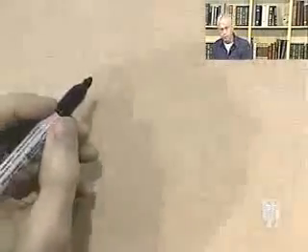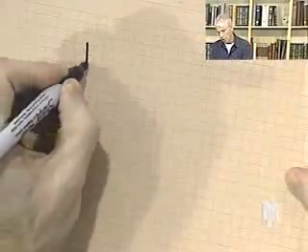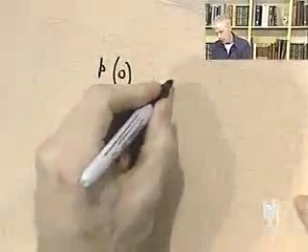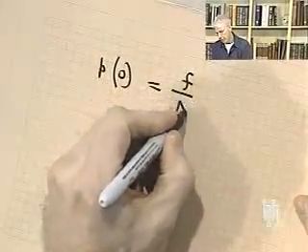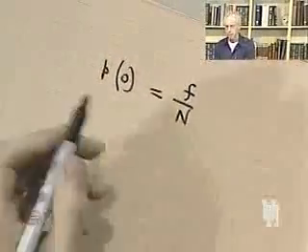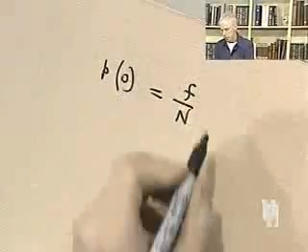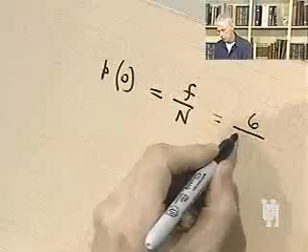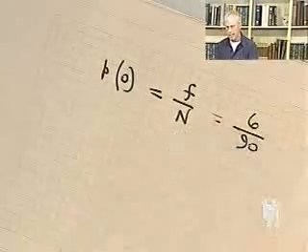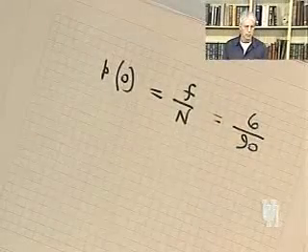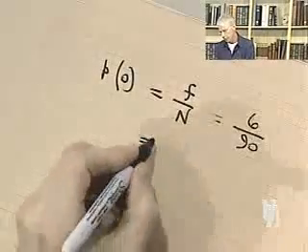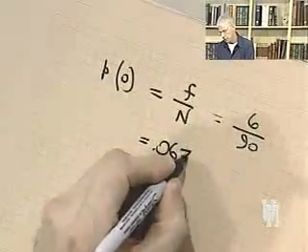If we were interested in the proportion of residents who receive 0 visits, that equals F divided by N. The frequency, the number of people who received 0 visits, was 6. N, the total number of scores or residents, is 90, so that P equals, I think, 0.067.